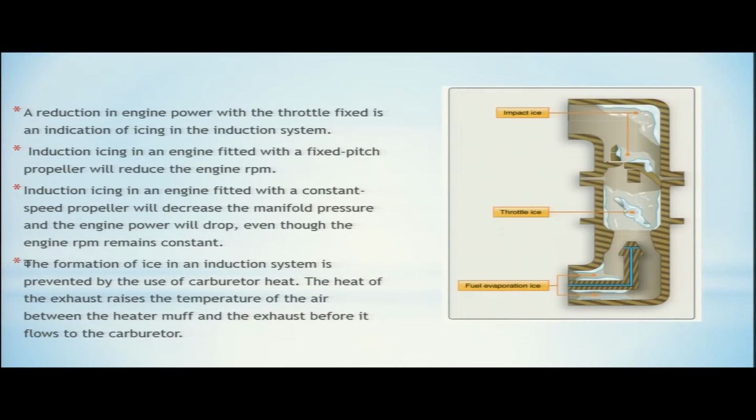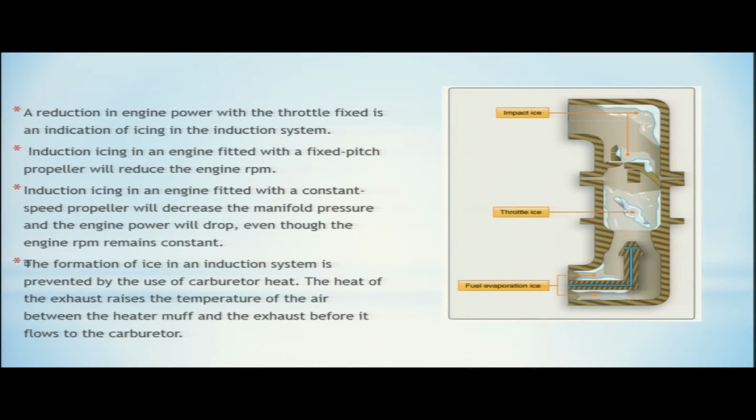Induction icing in an engine fitted with a fixed pitch propeller will reduce the engine RPM. Now, in aircraft which are equipped with a fixed pitch propeller, we will see what is a fixed pitch and what is a constant speed propeller. If the aircraft is fitted with a fixed pitch propeller, then a reduction in engine RPM is an indication of induction icing.